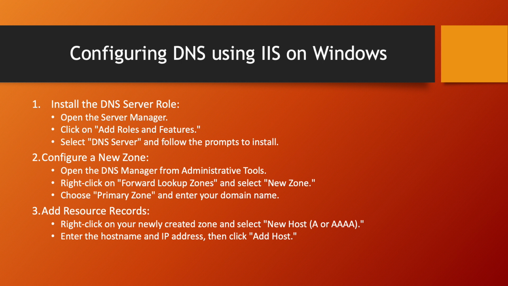Right-click on Forward Lookup Zones and select New Zone. Choose Primary Zone and enter your domain name. Add resource records. Right-click on your newly created zone and select New Host A or AAAA. Then enter the host name and IP address. Then click Add Host.